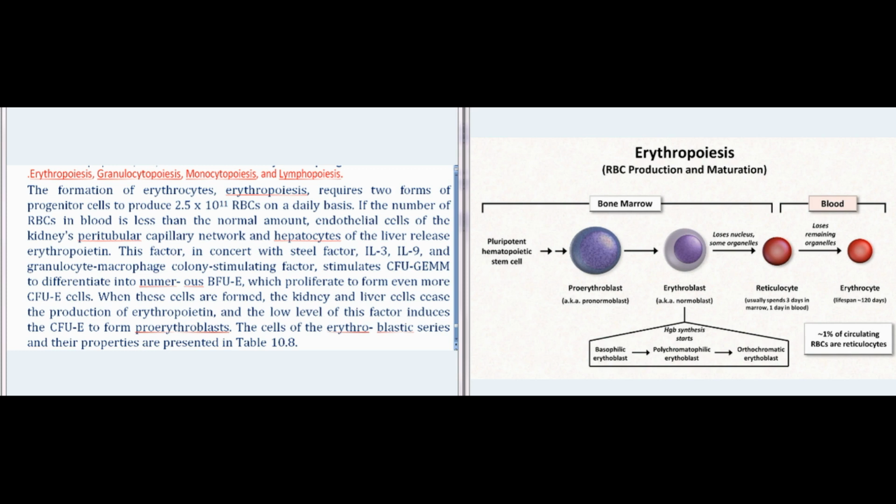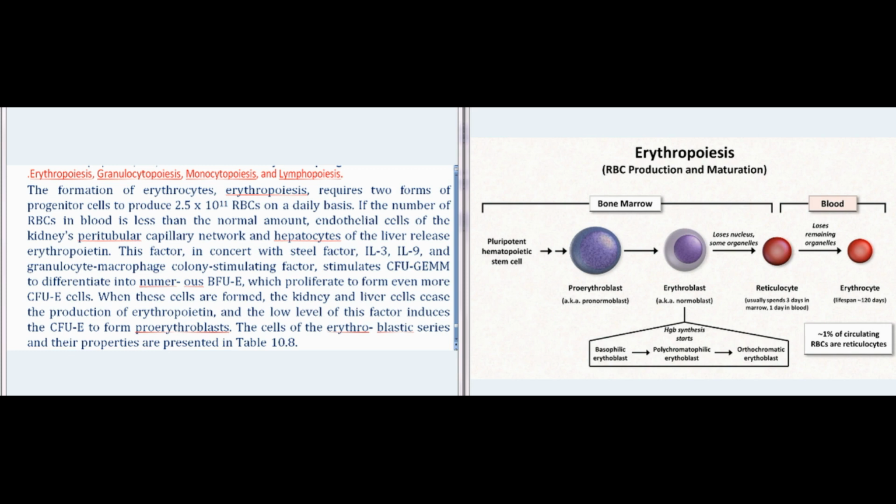This factor, in concert with steel factor, IL-3, IL-9, and granulocyte-macrophage colony-stimulating factor, stimulates CFU-GEMM to differentiate into numerous BFU-E, which proliferate to form even more CFU-E cells.